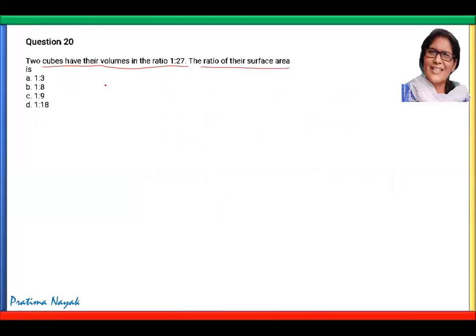What is the ratio of their surface area? 2 cubes, their volumes are 1:27. That means I'm taking the side as small a and here the side is capital A. Then the volume of the first will be a cube, and for the second the volume will be A cube.